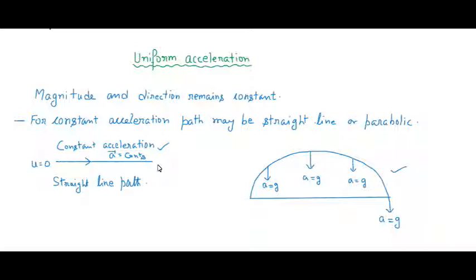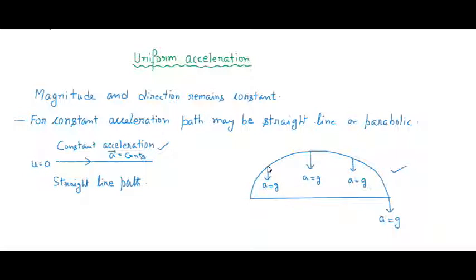In a straight line, if it is moving with a constant speed, the acceleration is 0. But the same particle, if it moves with a uniform speed but in a curved path, not in a straight line, then its acceleration is not 0 because every time the direction is changing.